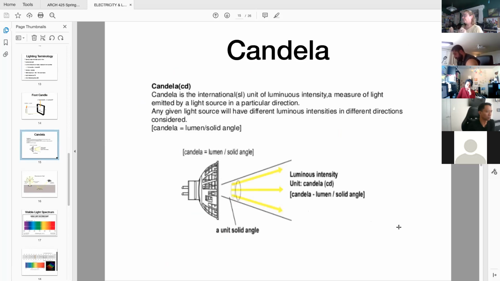Again, a smaller bulb could have the same output as a larger bulb, but in a smaller footprint, it's a higher intensity. So the lumens are the amount of light that hits the surface.